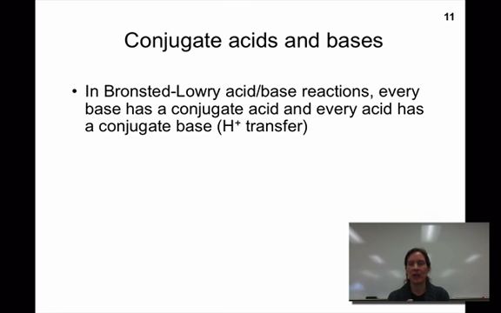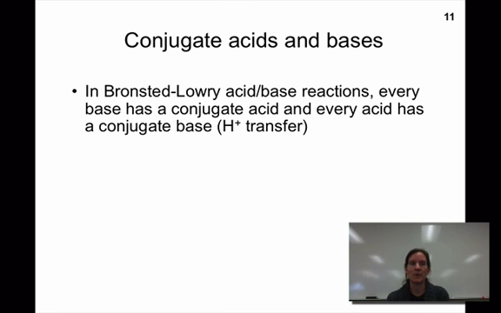And we actually end up having bases be formed as acids donate, and acids be formed as bases accept. So in a Brønsted-Lowry definition, every single acid and base you encounter will have a conjugate acid or a conjugate base.